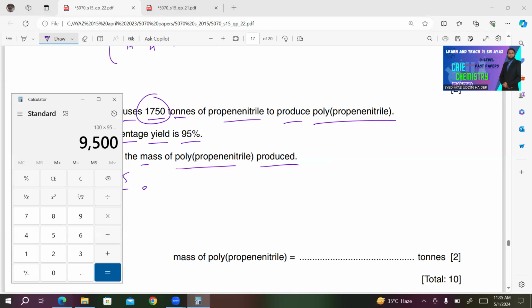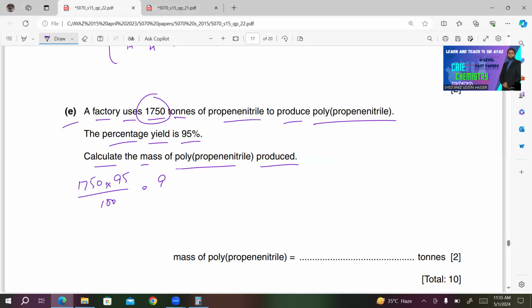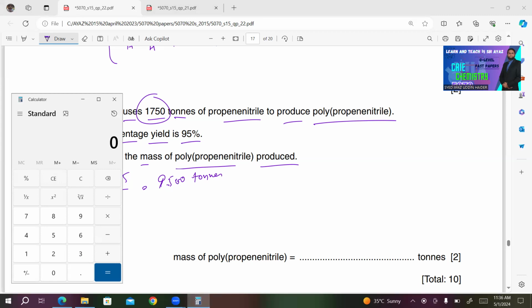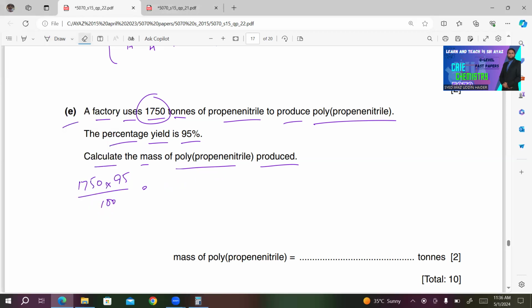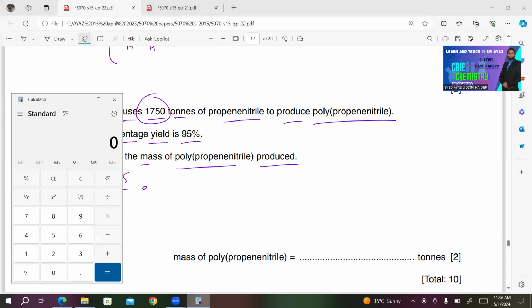One minute. There's a mistake here. 1750 multiplied by 95 divided by 100.